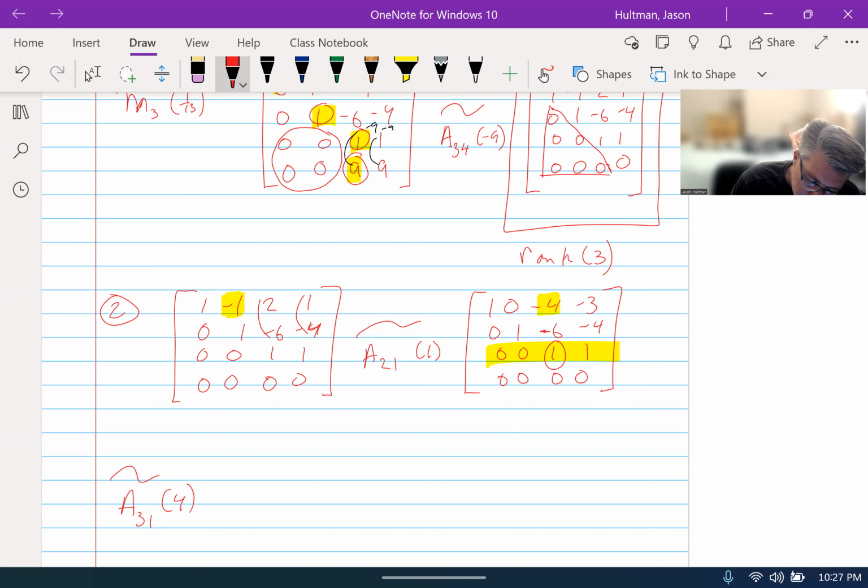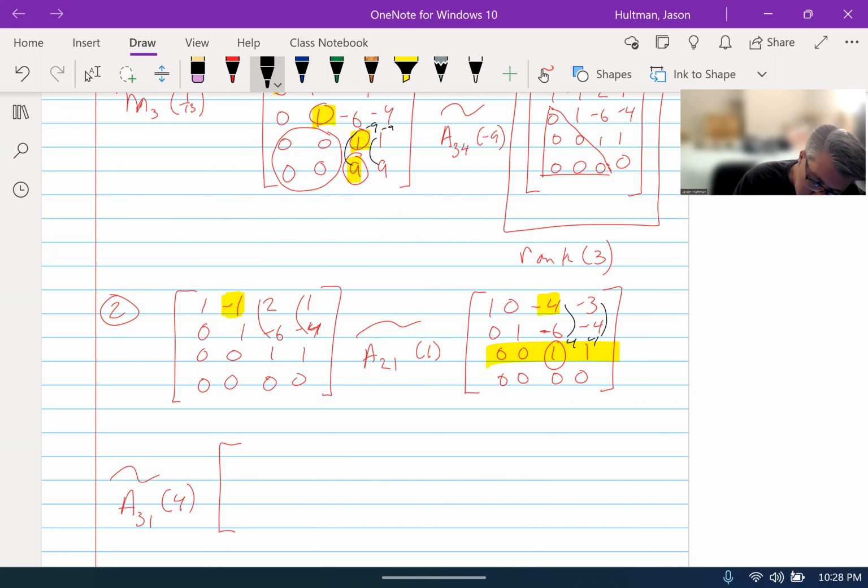Okay, multiply row 3 by 4, and then replace row 1. Let's go ahead and do that. If I multiply row 3 by 4, I just get these values here. That would just be 4 and 4. And then I would add that to row 1, and I would get 1, 0, 0, 1.